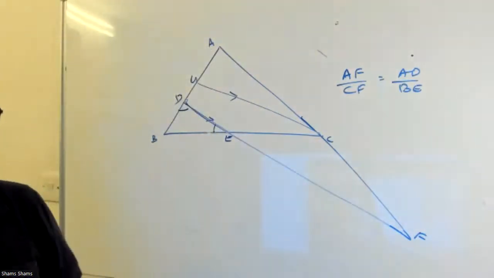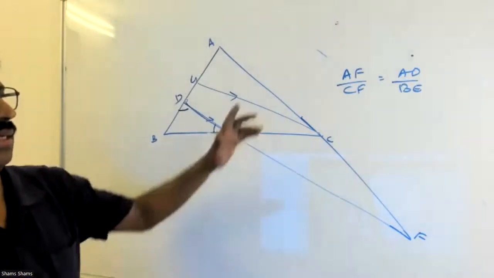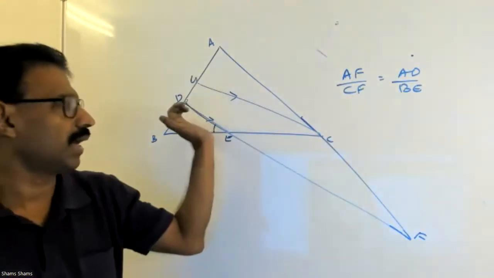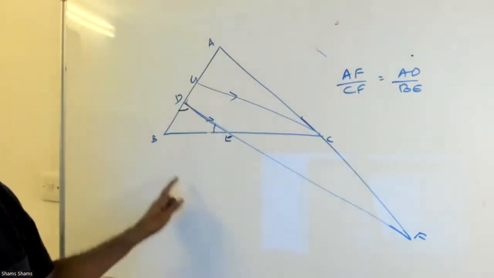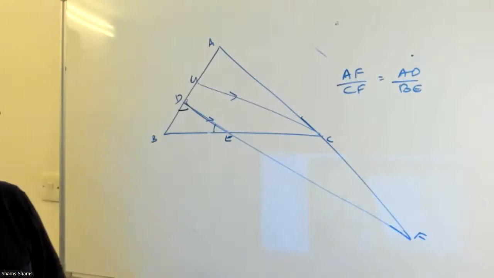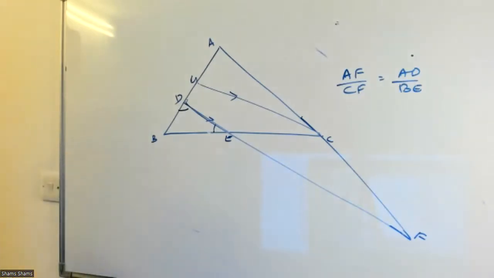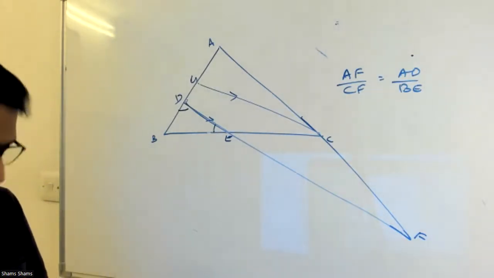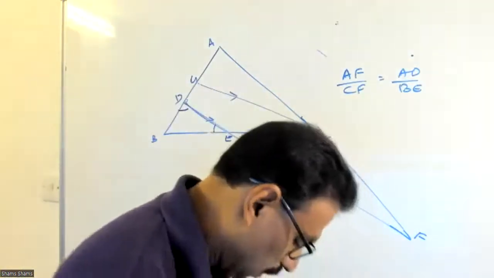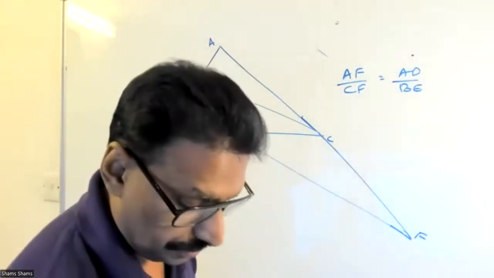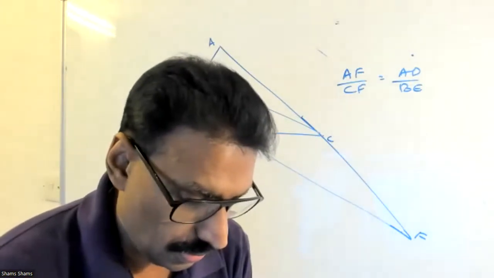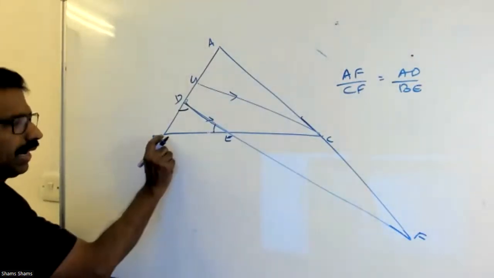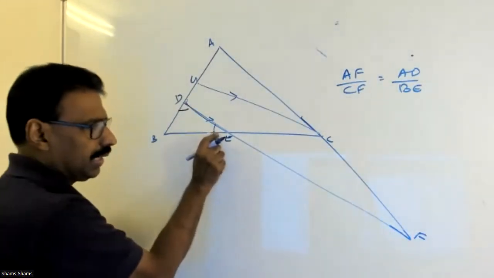Proof. Everyone okay now? Construction is what? Through C, draw CG parallel to DF. Then in triangle BDE, angle D equals angle E, given.